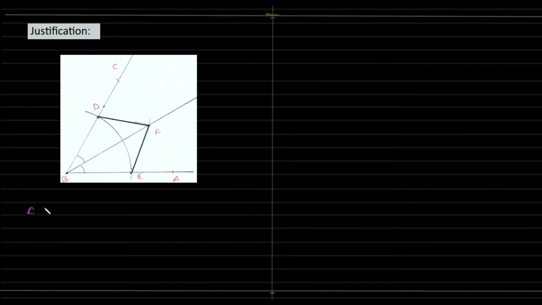For that we consider triangle BEF and triangle BDF.